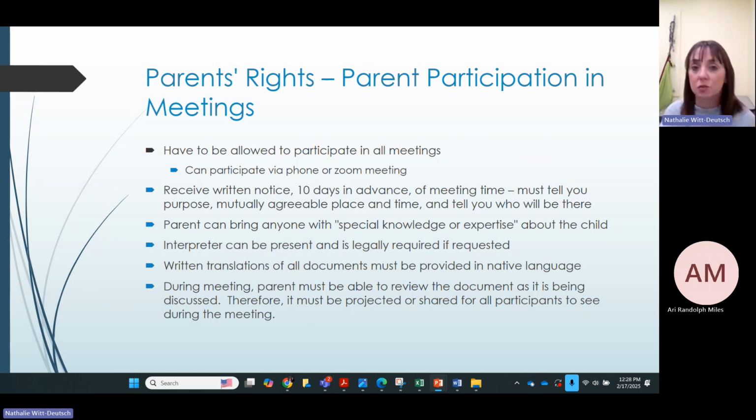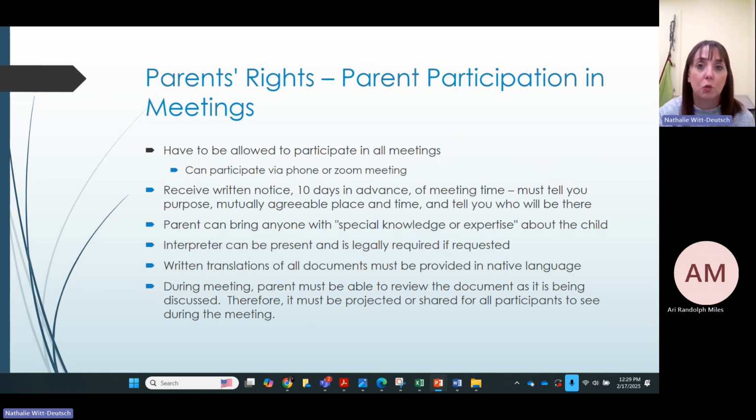If you're within the Zoom meeting or you're within the actual room that is having the meeting, they must project it or share it in some way, shape, or form for all participants to see during that meeting. So don't accept them just talking out loud as to what's happening. Make sure that you're able to see the IEP as changes are being made so that you can comment, ask questions, or anything like that.